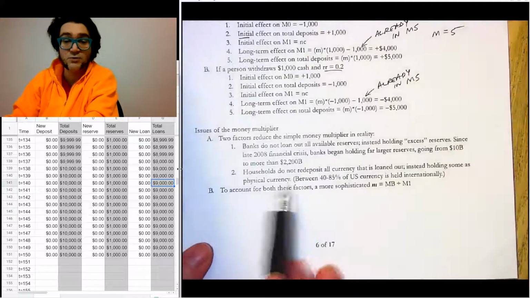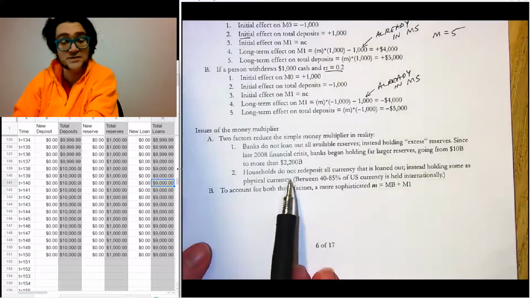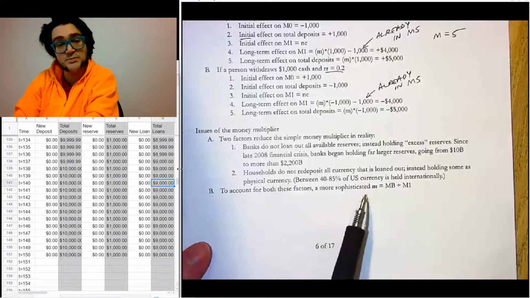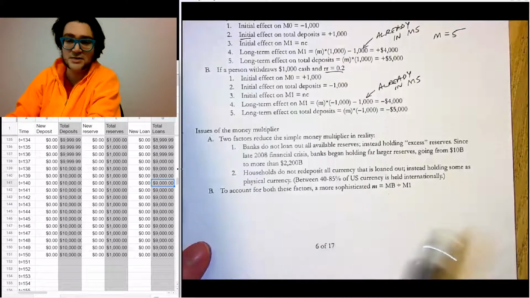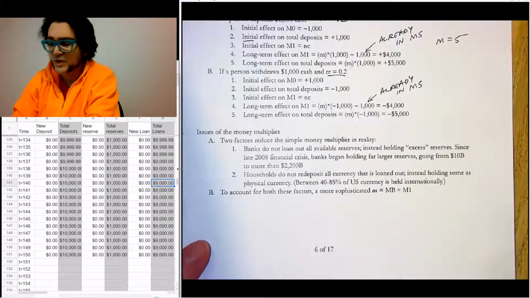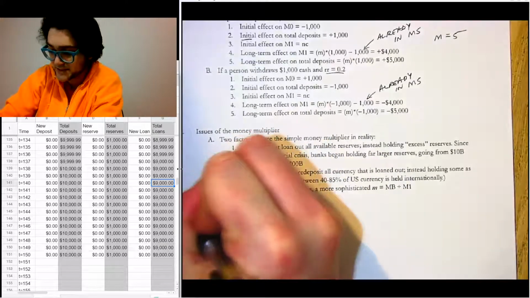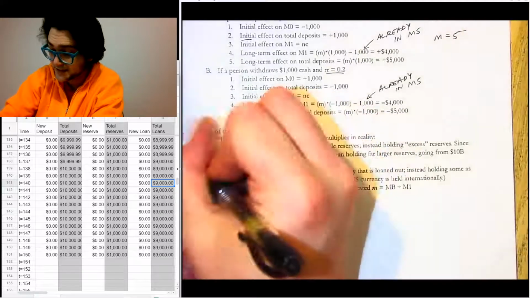And quite a bit of our cash is held in physical currency. To account for both of these factors, a more sophisticated money multiplier is to have the monetary base divided by M1. This is not on the exam, but something like this is.